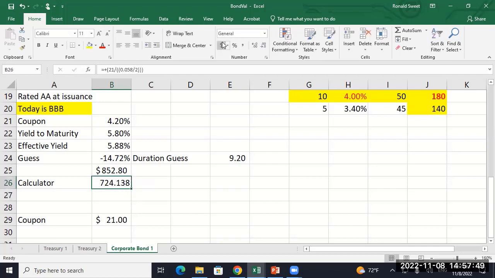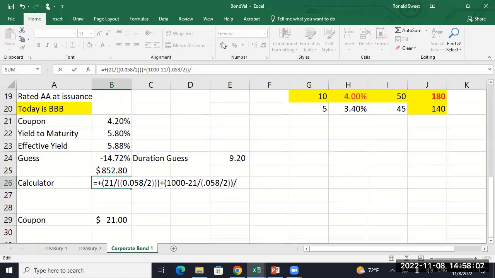So the value of the coupon for all of infinity is $724. And then we're going to get $1,000 back, but we're going to lose the 21 divided by 0.058 divided by 2. But that's going to be 10 years from now, right?